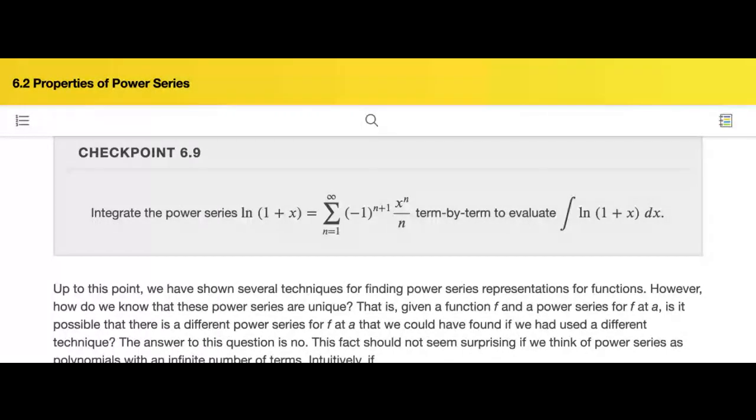Okay, when you finish, you may type your answer into the chat.